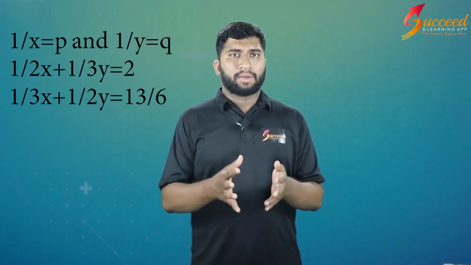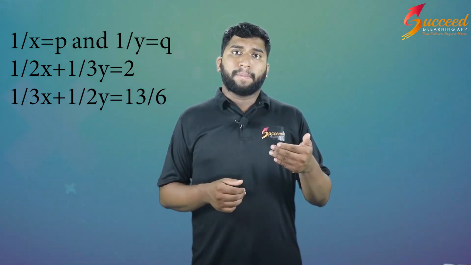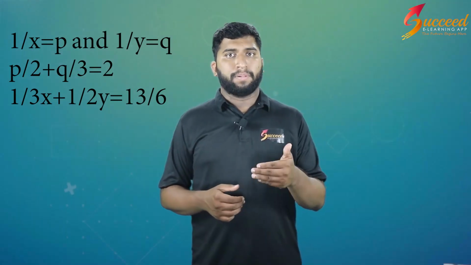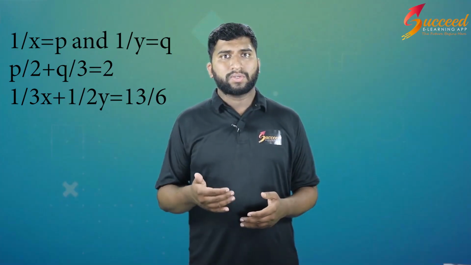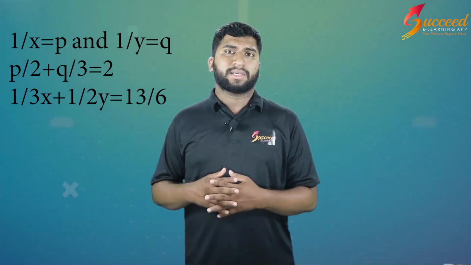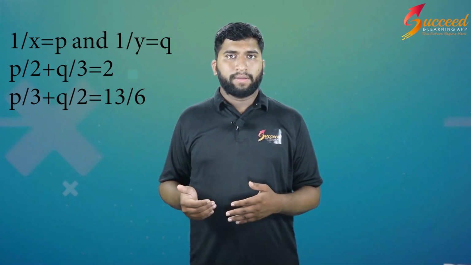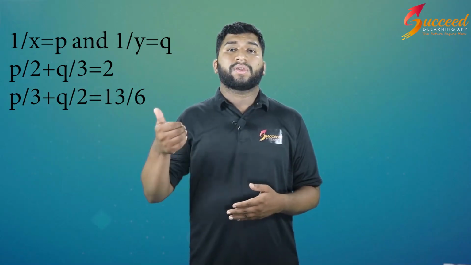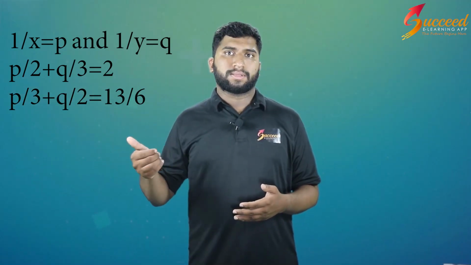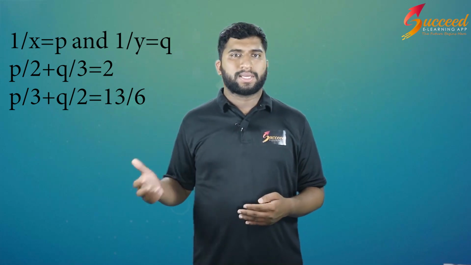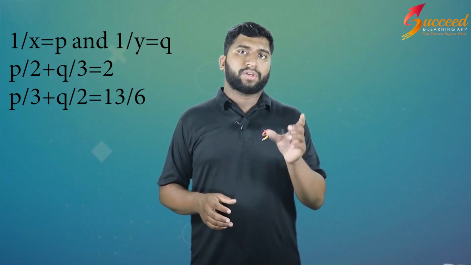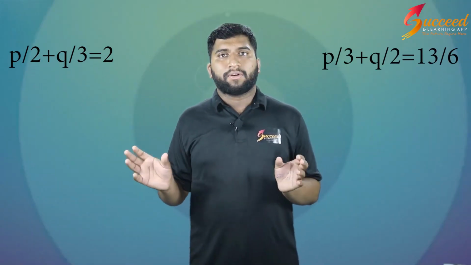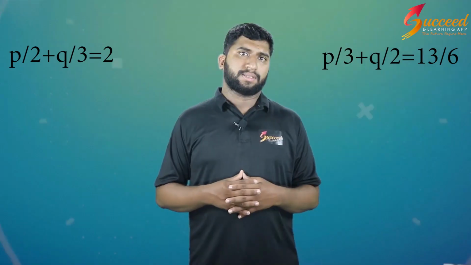Your equations become p by 2 plus q by 3 is equal to 2. Your other equation becomes p by 3 plus q by 2 is equal to 13 by 6. Now we should take the LCM and solve both the equations.